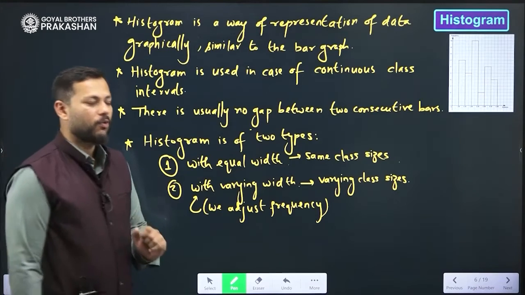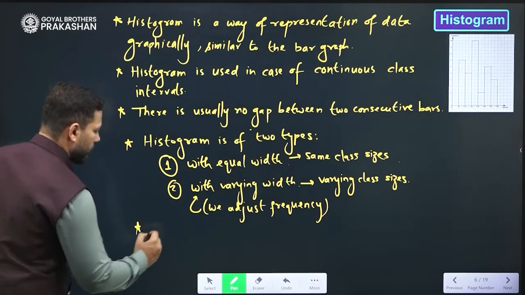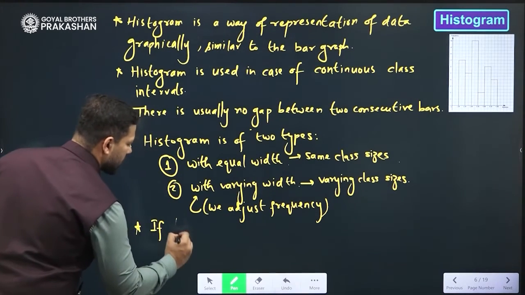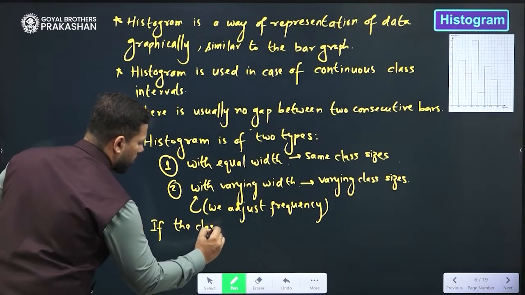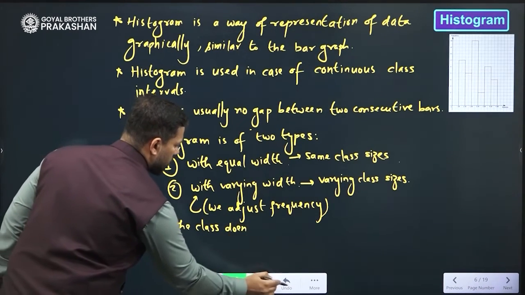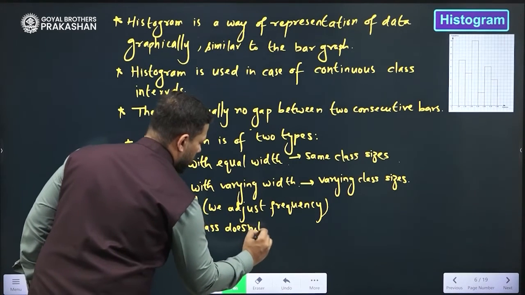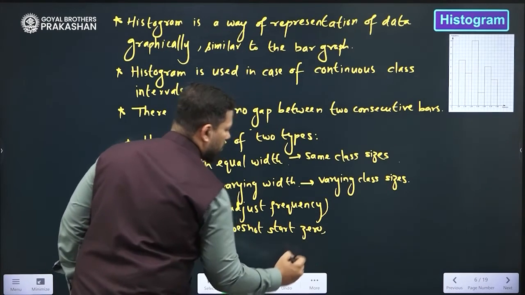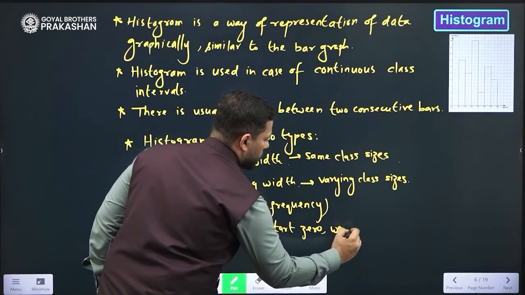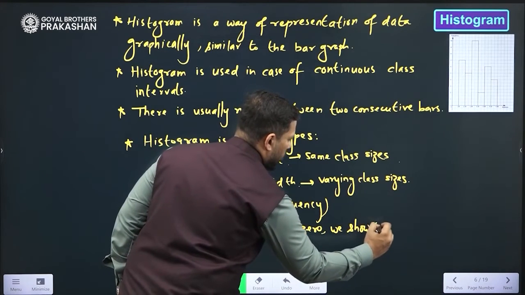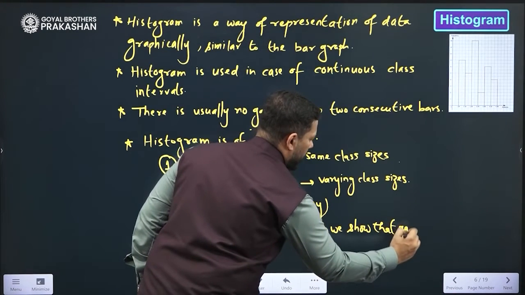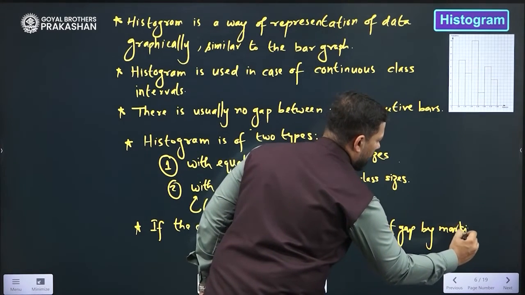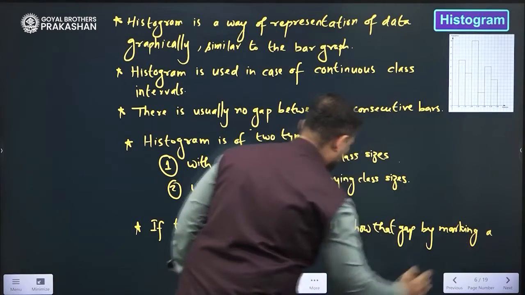Also, there is one more important thing. If the class interval does not start from 0, we show that gap by marking a kink.